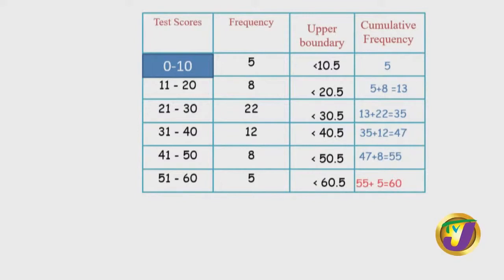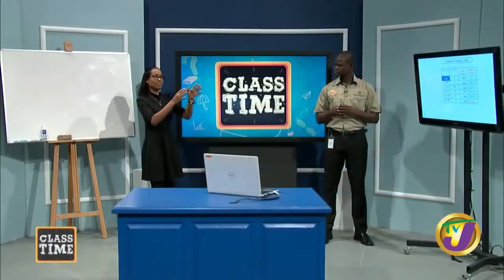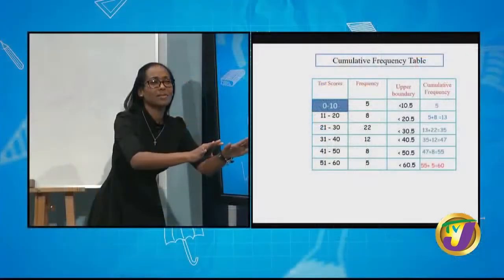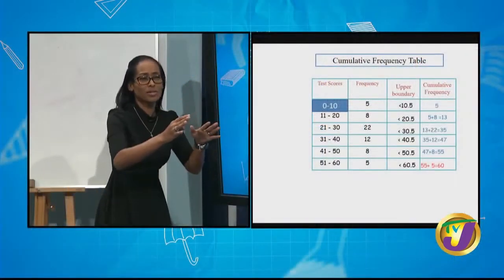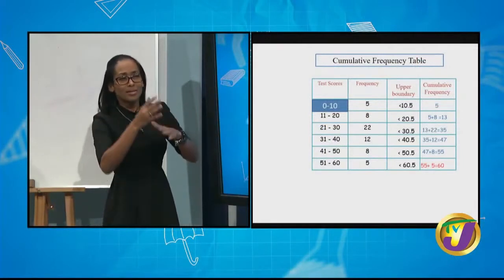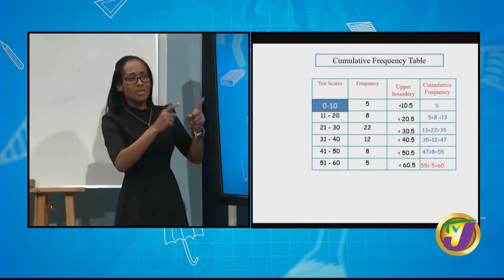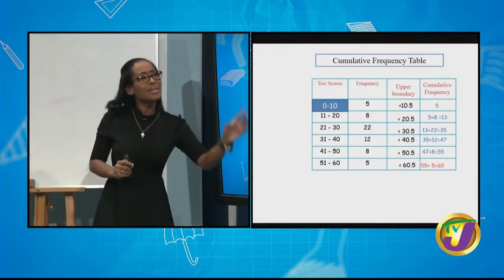And then the crucial one, this last one: 55 plus 5 gives us 60. Now, why is it important for me to put this in red? When I look at it, I see 55 plus 5 and the answer is 60, which is a cumulative frequency. Yes. Again, it means 60 students would have received a test score less than 60.5.